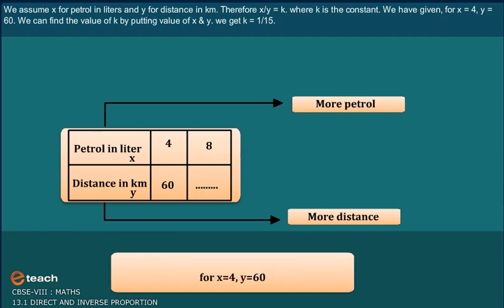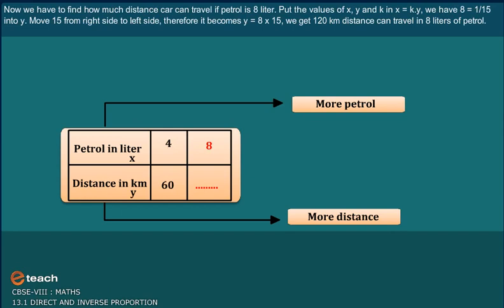We are given x equals 4, y equals 60. We can find the value of k by putting the values of x and y. We get k equals 1 by 15. Now we have to find how much distance the car can travel if petrol is 8 liters.